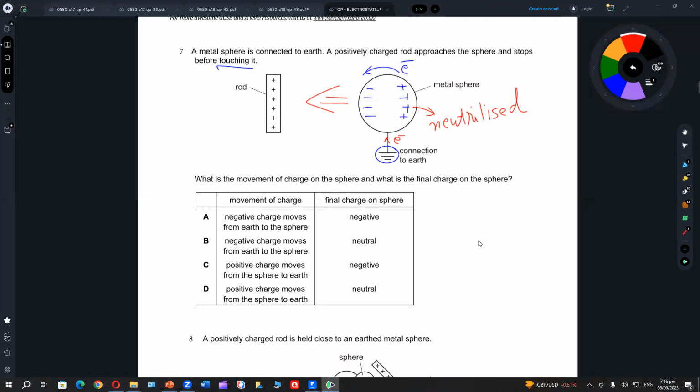So positive will disappear. Positive charge on the sphere, let me remove it so I can give a better idea. Now the positive charge will disappear. Only negative is left.